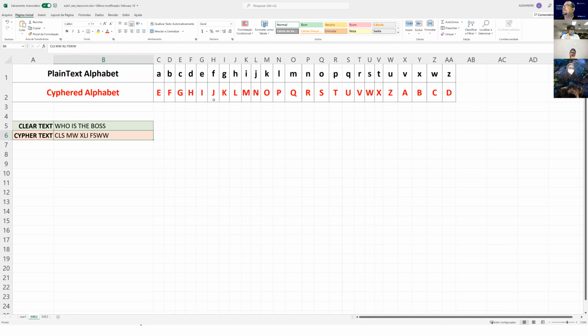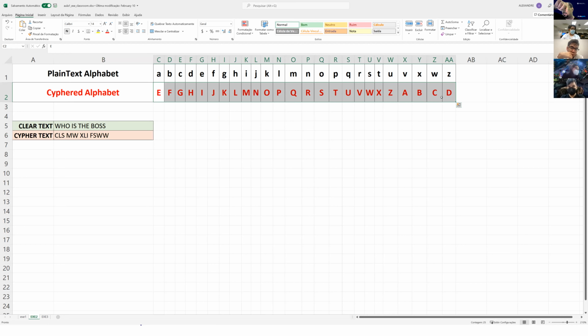You go to this line here, the red one, and look for C. For example, COS: C is W. L, what is L? Well, it is H. S is O. Space. M is I. W is S. Did you understand, Mauricio? You use the second line, the cipher line, and you make the same process.